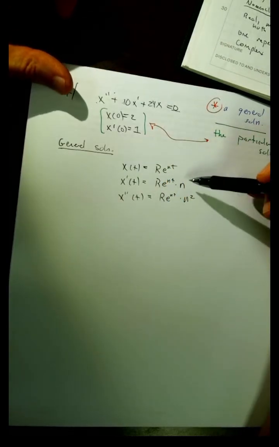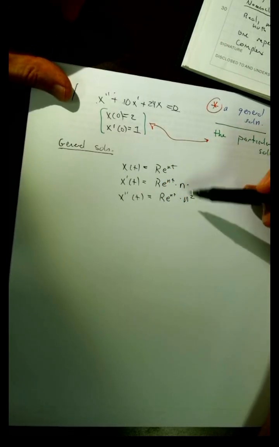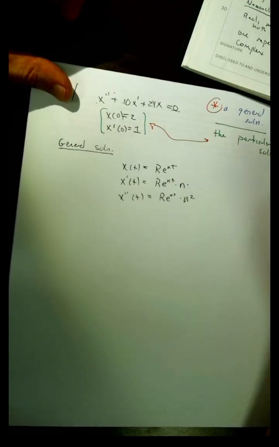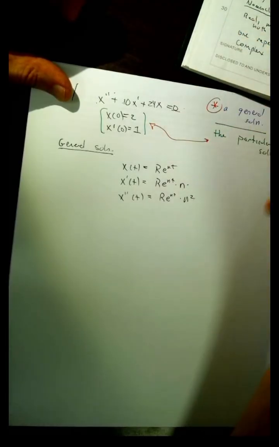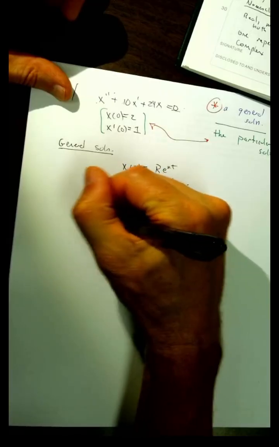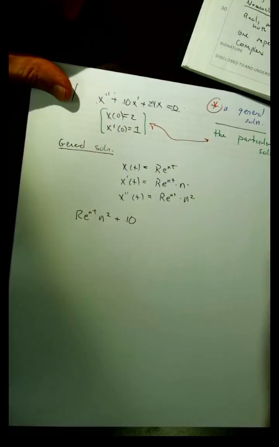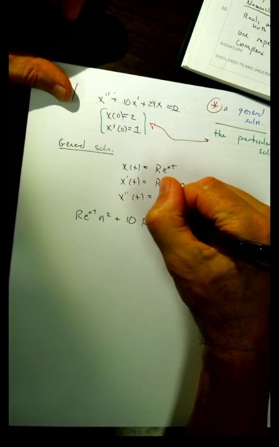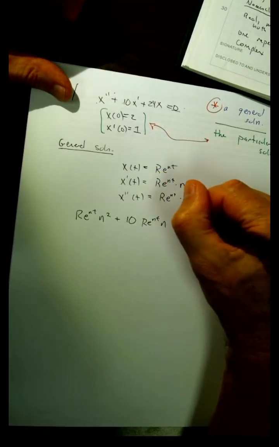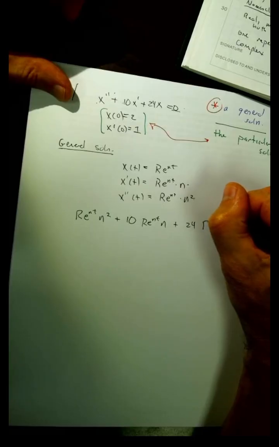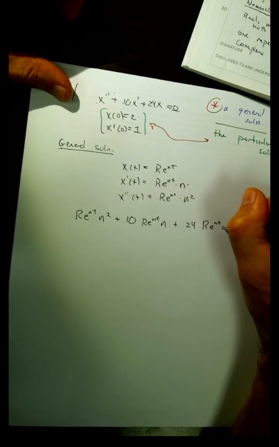So the first derivative is r e to the nt times n, second derivative is r e to the nt times n squared. Plug back into the original equation, so I get x double prime is r e to the nt n squared, plus 10x prime is 10 r e to the nt times n, plus 24x is 24 r e to the nt equals 0.